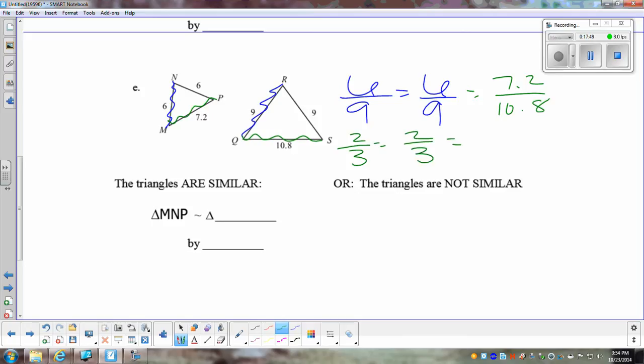So really the important one I need to check is the 7.2 divided by 10.8 simplify to 2/3, which it does. So these two triangles are similar by side, side, side similarity, and MNP goes to QRS.